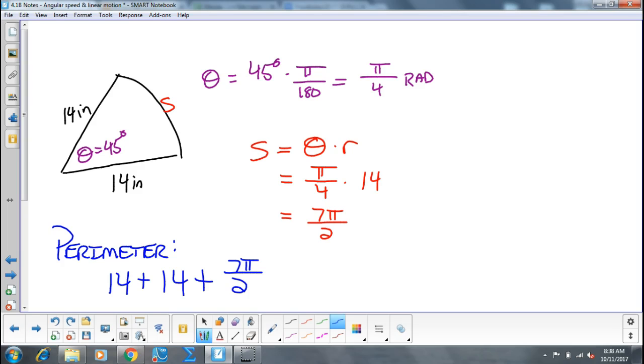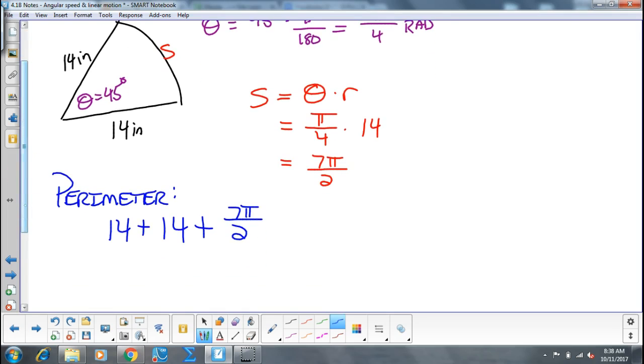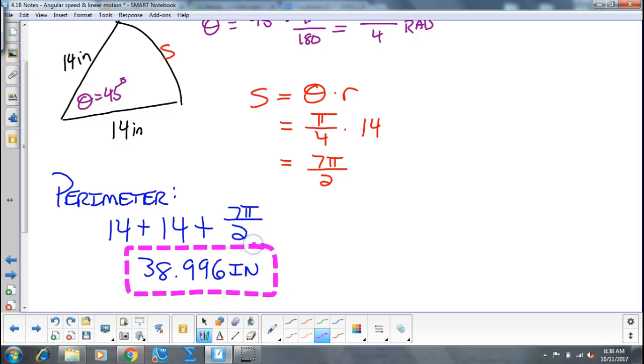So that would have a perimeter here of 38.996 inches of tasty goodness. The area of my sector, first I've got to find the area of my whole circle.